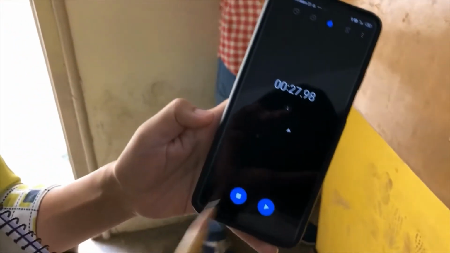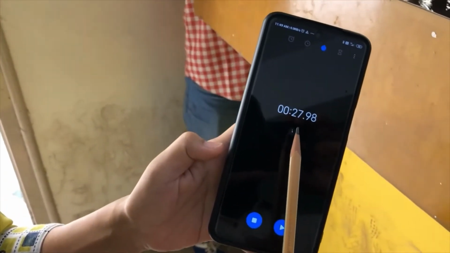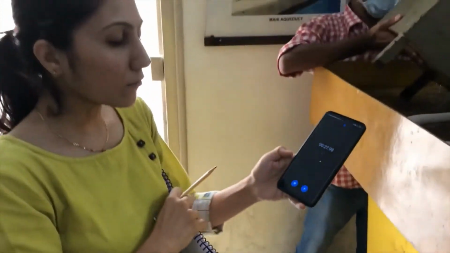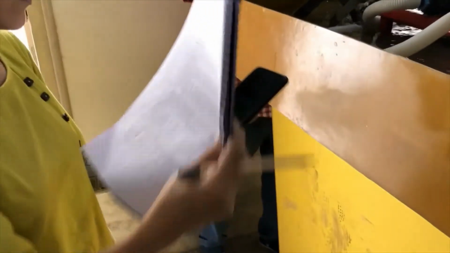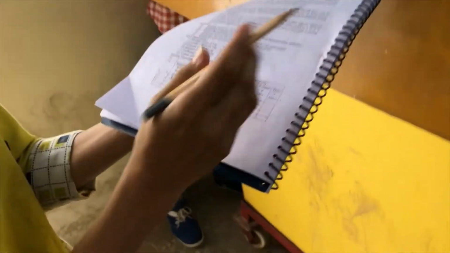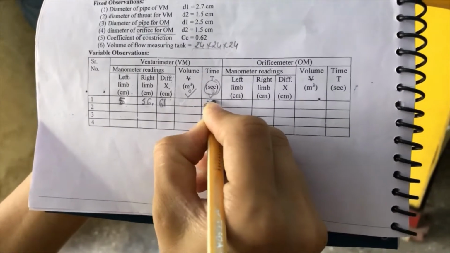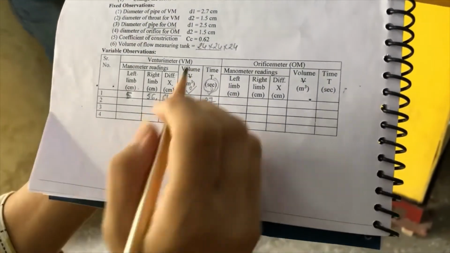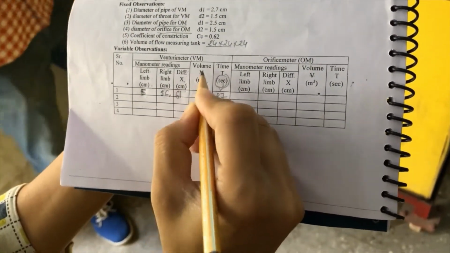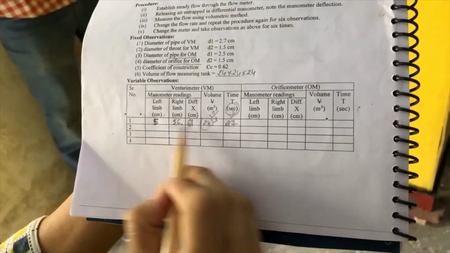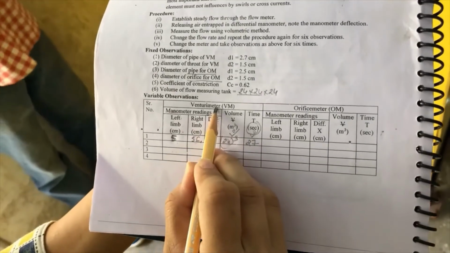You can see this is the time taken by the tank to get filled with the water. Here it is 27 seconds. So we will write 27 seconds, and the volume of the tank is 24 cube. In this way we have completed the first reading of the Venturi meter.